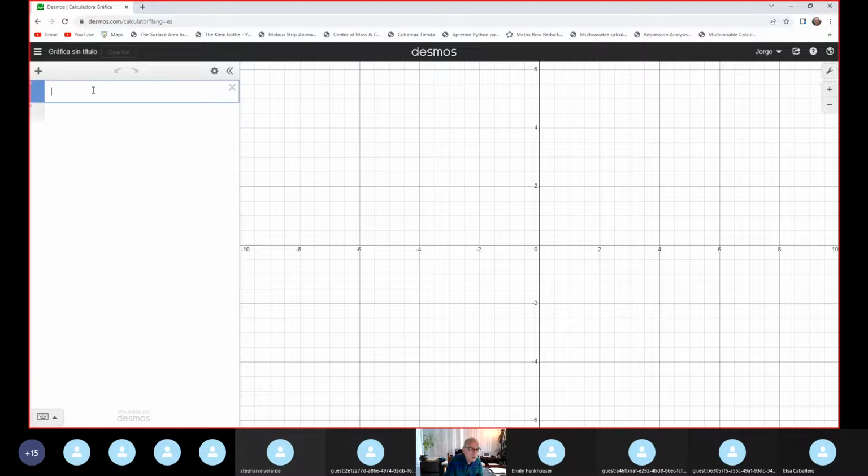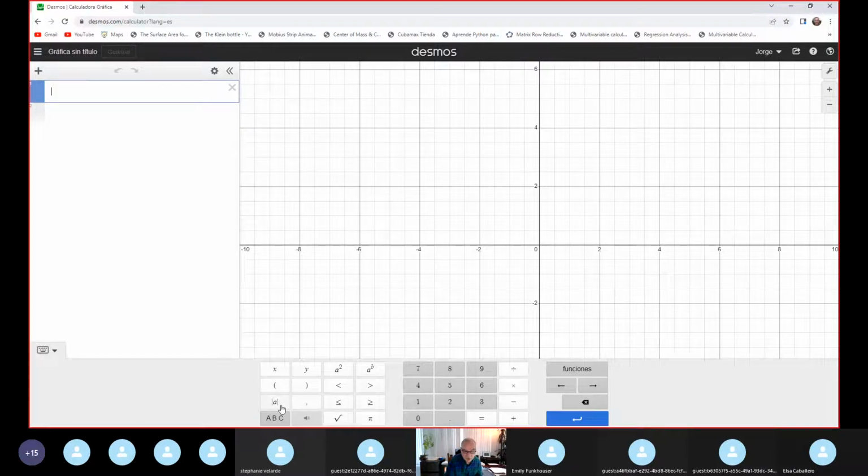Okay. Now look, you put the first piece of the piecewise function. I like so much using the keyboard, the specific keyboard for Desmos. So you put x plus 2, x plus 2, bam. This is a line.